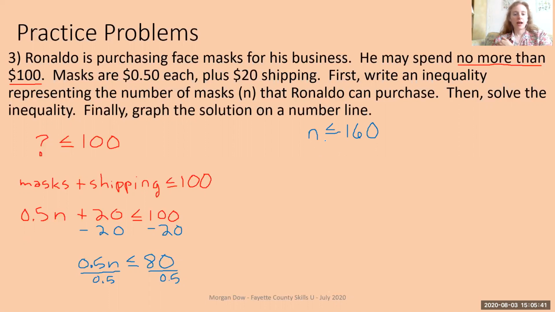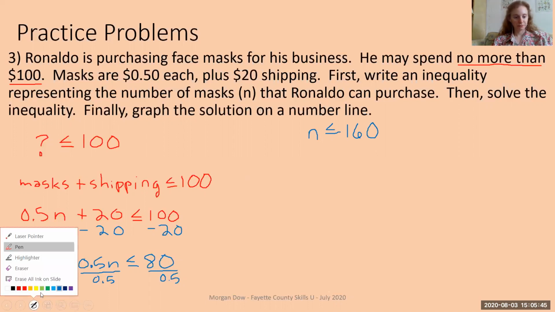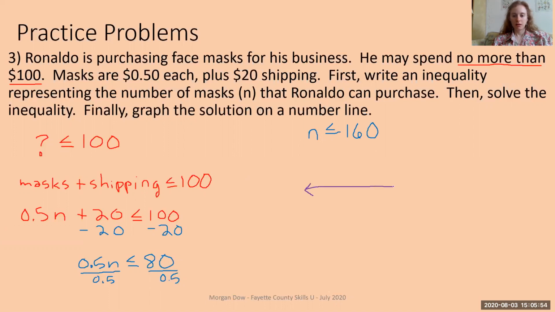And now we're going to graph the solution on a number line. So I will change colors again to a nice purple. All right, get our number line set up here. We're talking about the number 160, so I'm going to put that in the middle. You can fill in the other numbers to the left and to the right of 160, or you can keep it simple like this.